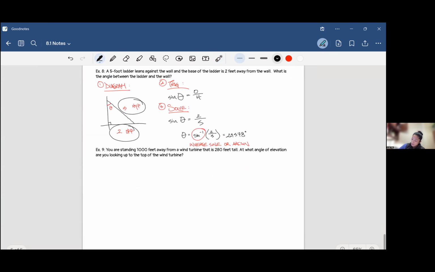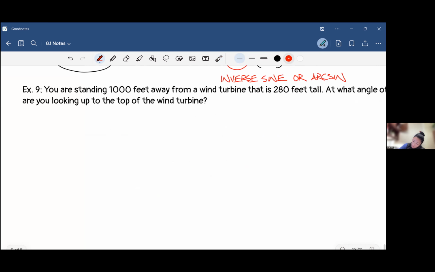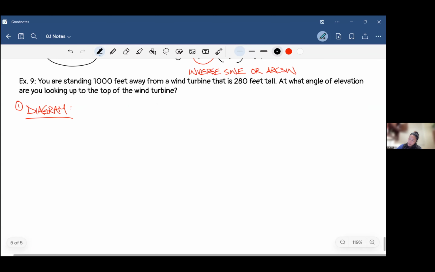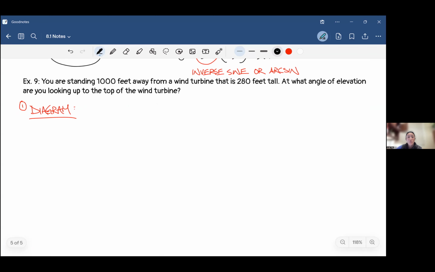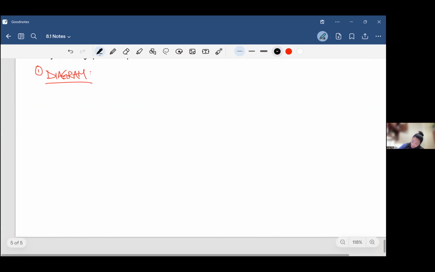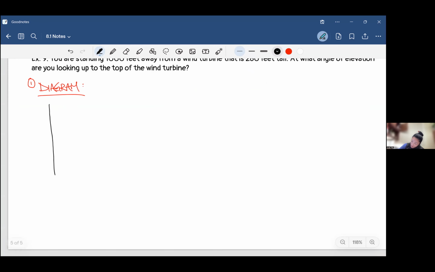All right, let's take a look at one last example here. Okay, so you are standing 1,000 feet away from a wind turbine that is 280 feet tall. So let's get our diagram going. We've got our wind turbine, the ground.